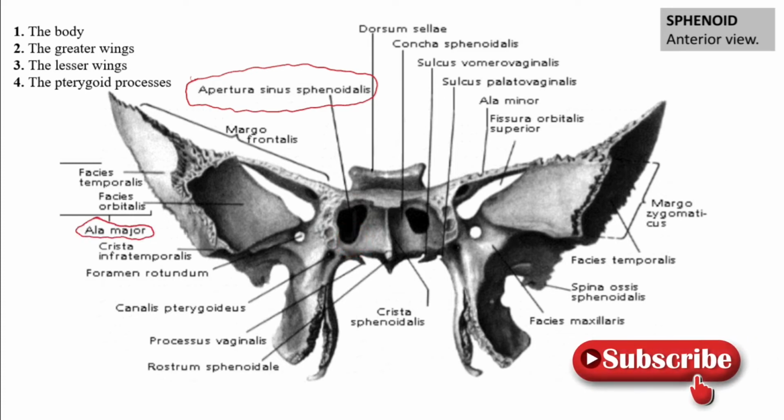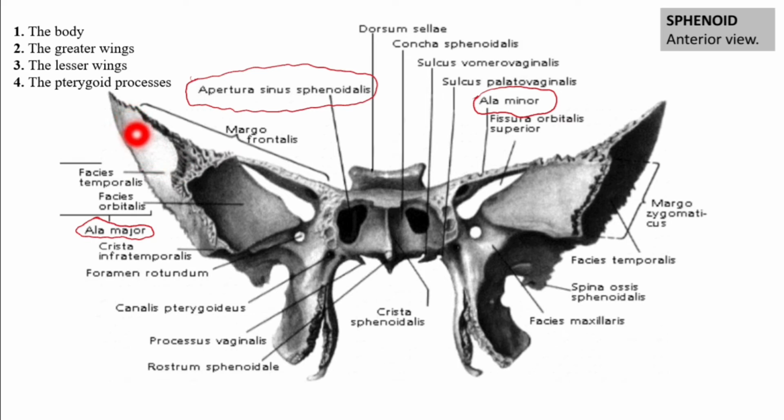The wings, you can see the greater wing here and the lesser wing here. The greater wing has these important surfaces: the temporal surface, facies temporalis, on the outside, and the orbital surface, facies orbitalis, on the inside.